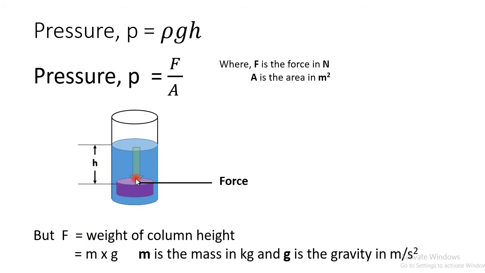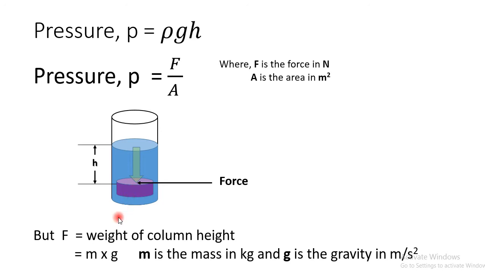The force acting on this coin, the weight of the water above the coin, will have the weight W, or they will say the force F. So F is the weight of the column of water on top of the coin.